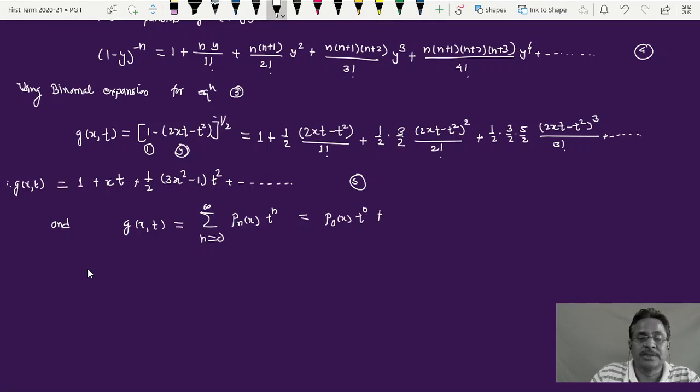Then the next term is p1 of x into t raised to 1. Then I will get p2 of x into t raised to 2. Likewise p3 of x into t raised to 3, and so on.